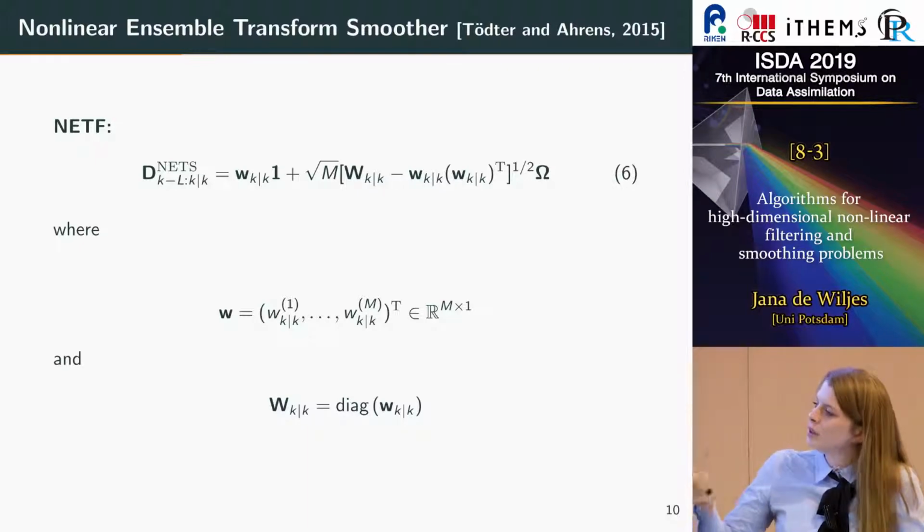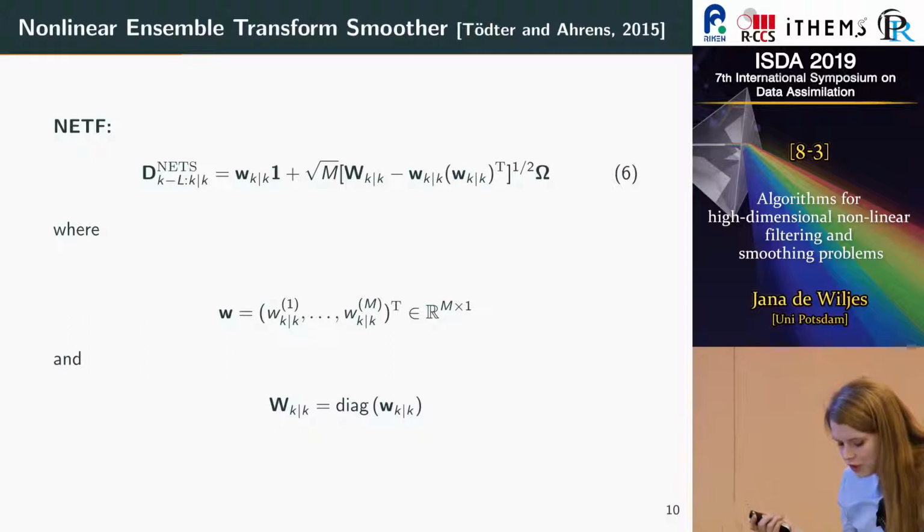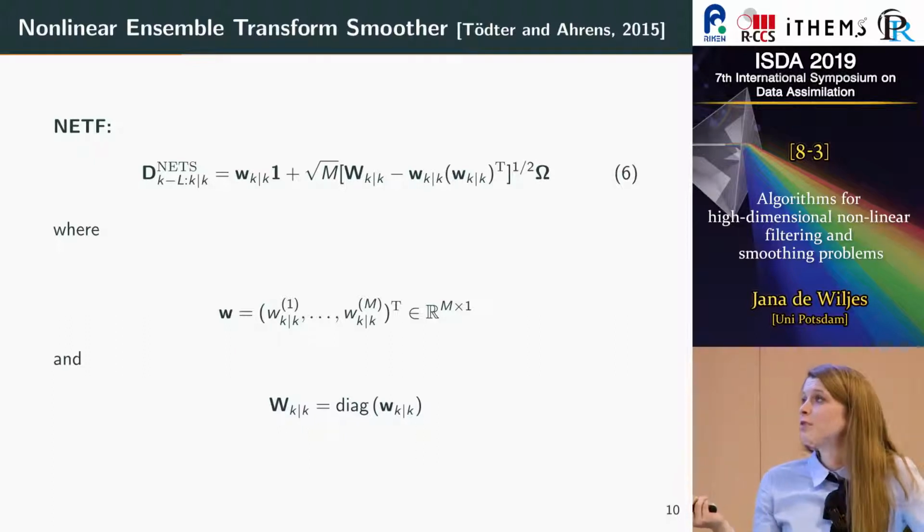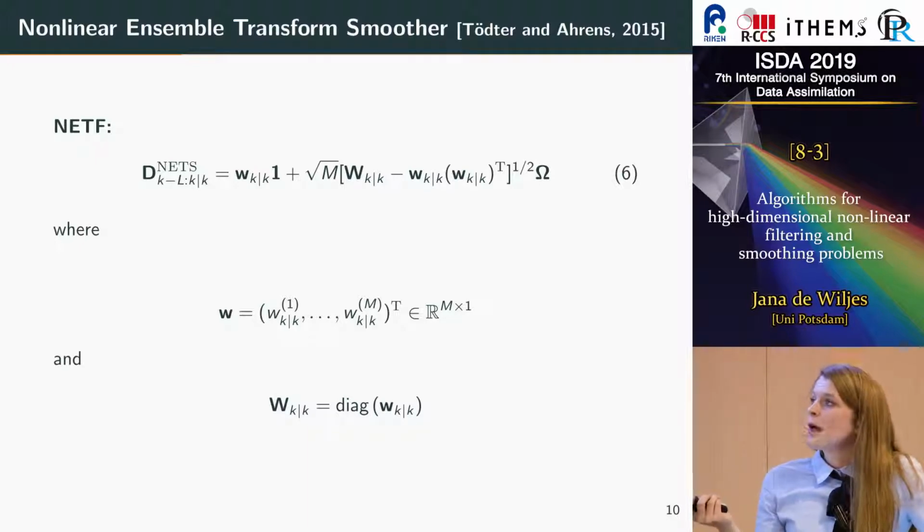So if you assume that the finite approximation of the first 2 moments of the particle filter is good, then you actually achieve much better results than assuming that you're Gaussian.